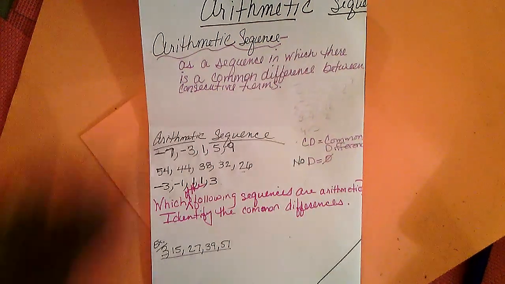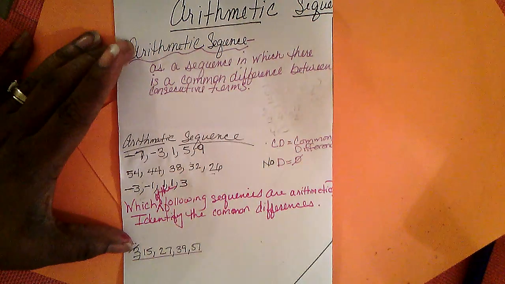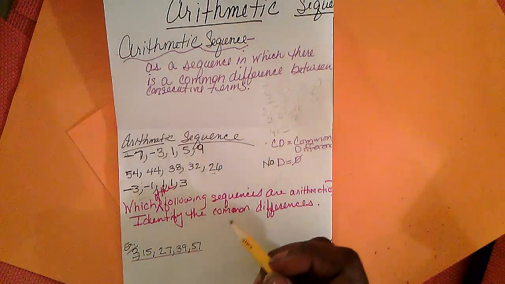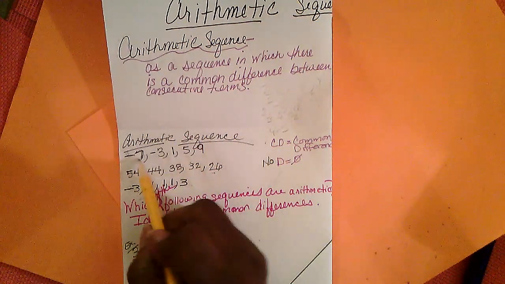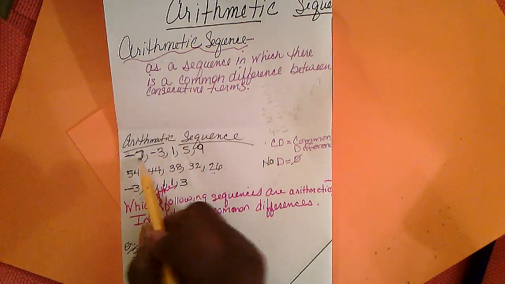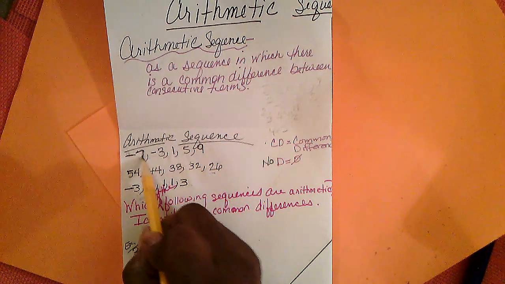So let's look at the numbers that we have here. We're going to start off with -4 to -3, which is a difference of 4.